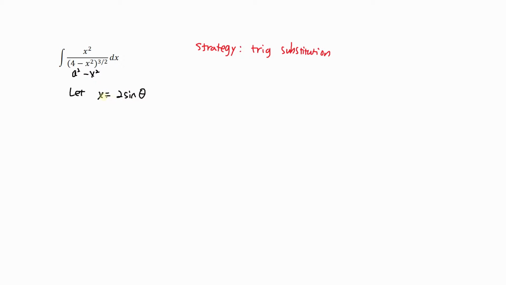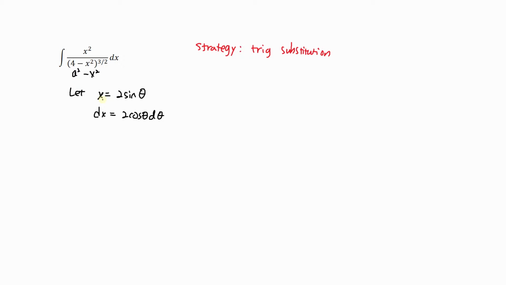And every time you set x equals something in an integration technique, you simply take a derivative. dx equals 2 cosine theta d theta. But then you might wonder, what do I do with the x squared on the top in the numerator?